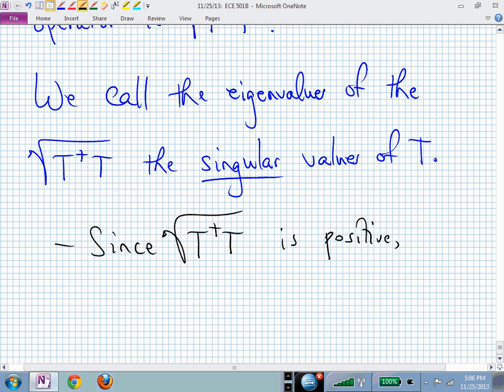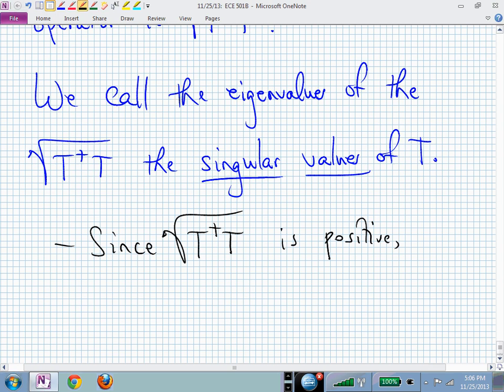So now that it's positive, we know that the eigenvalues of this positive square root of t dagger t are non-negative, but those are the singular values of t. So now we know the singular values of t are non-negative. We aren't going to have any negative singular values. So all of these singular values of the matrix T correspond to the eigenvalues of this positive square root of t dagger t.